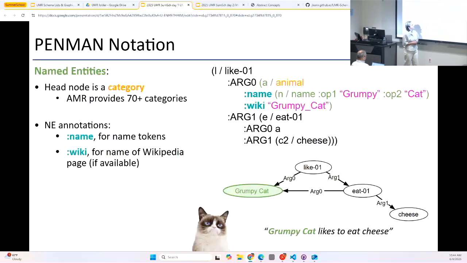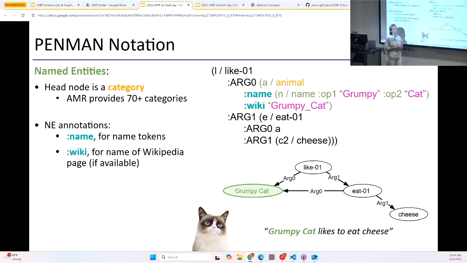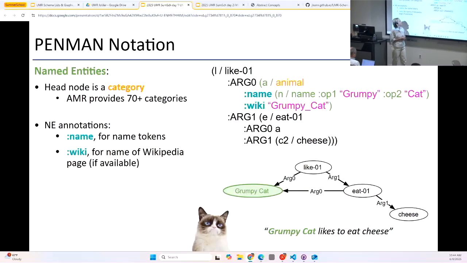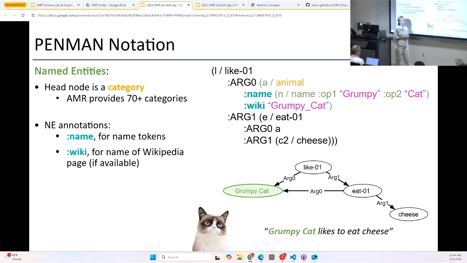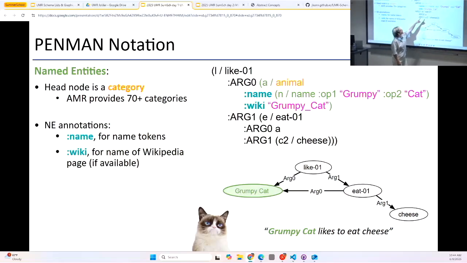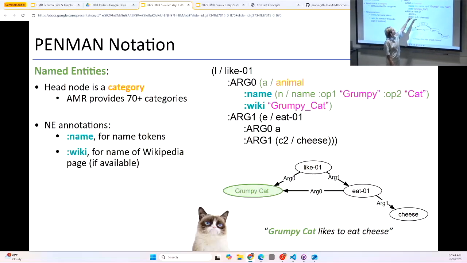So arg0, arg1, these are edges, these are dependencies. What about this name and wiki? They are not dependencies, right? They actually are. We could have formatted it that way. I just didn't because it takes a lot of format space. That is fine, but semantically they are not dependents. They are not marking the edge for head and dependent.